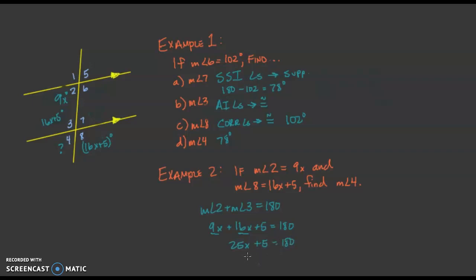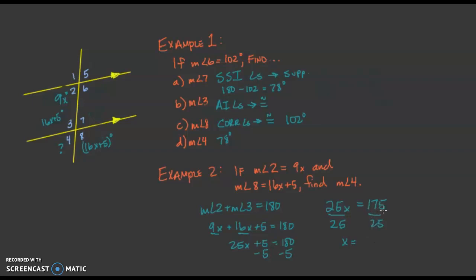Let's take off 5 from both sides. So that's going to leave me 25x equals 175. Now I'm going to divide both sides by 25, and I now know that x is equal to, let's see, 175 divided by 25. There's 4 25s in 100.